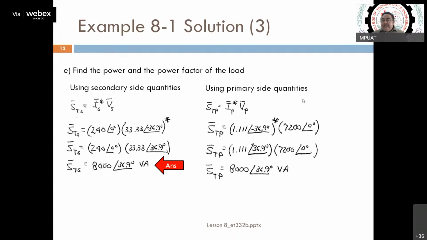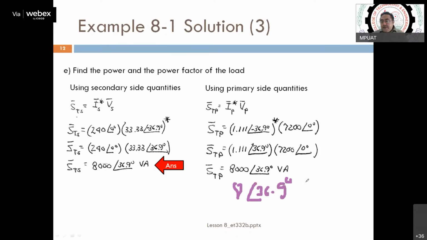Similarly, on the primary side, you can calculate the apparent power. It will be the complex conjugate of the primary current multiplied by the primary voltage, which we have already calculated. Just multiply and you get 8000 angle 36.9 degree volt ampere, or 8 angle 36.9 degree kVA.